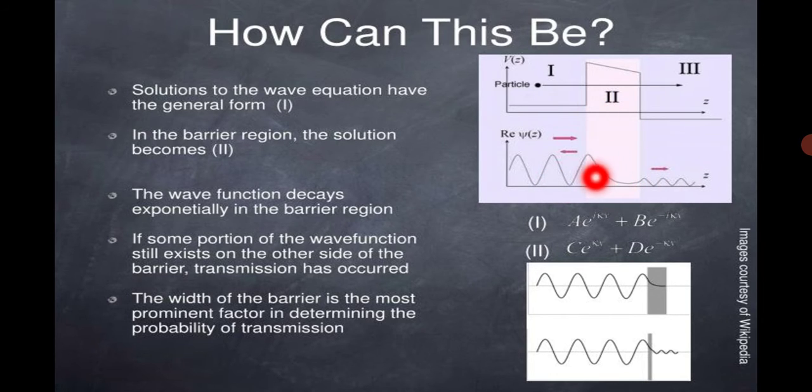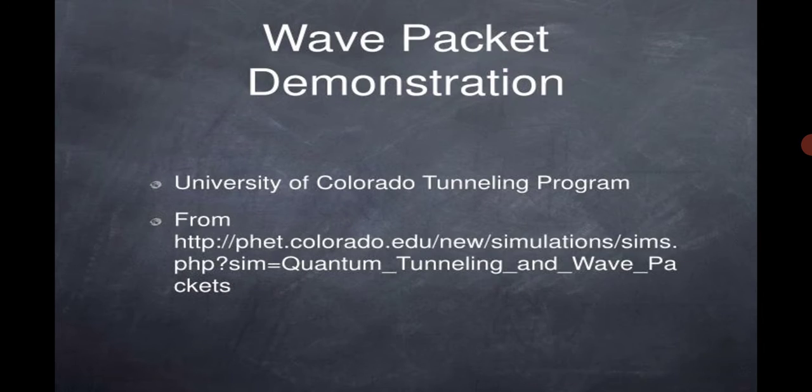But inside the barrier, due to the tunneling effect, it decays exponentially. If some portion of the wave function still exists on the other side of the barrier, transmission has occurred. The width of the barrier is the most prominent factor in determining the probability of transmission.